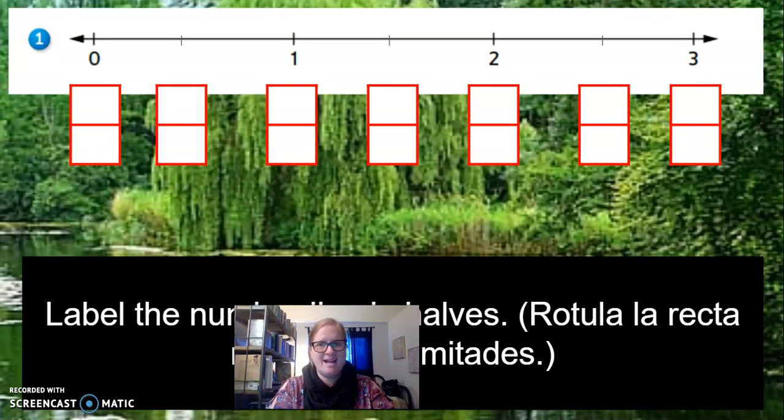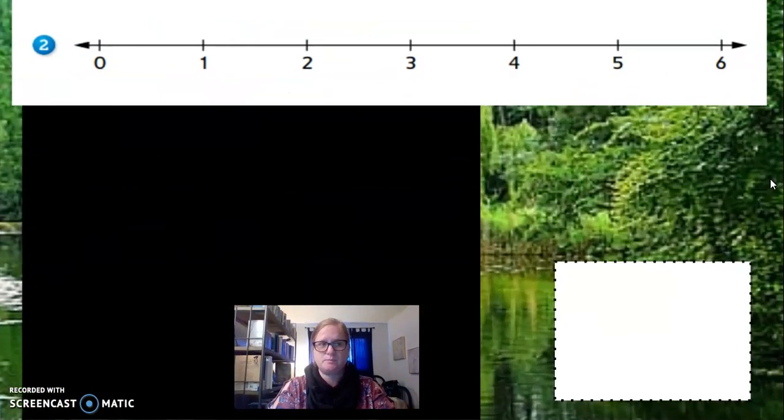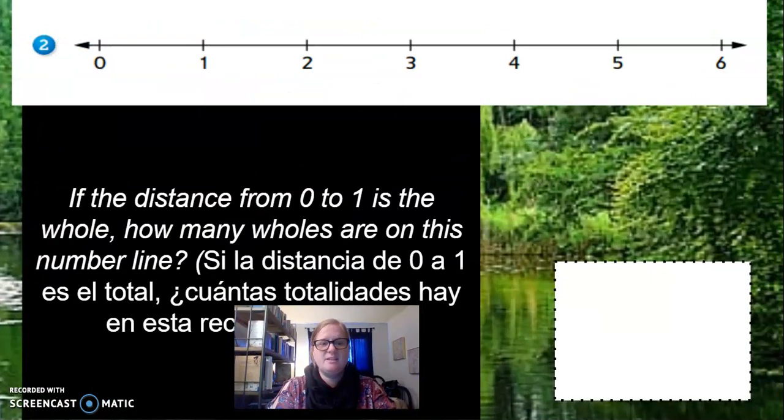Label the number line in halves, okay? So halves, this would start out as 0 halves, and then you continue on. We have already done 0 through 2. Really, you're just adding on to get to 3. If the distance from 0 to 1 is a whole, okay, this is a whole, how many wholes are on this number line?